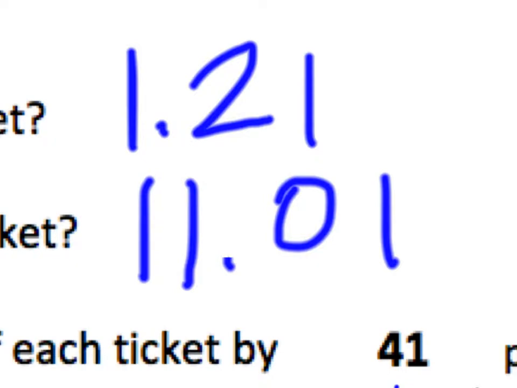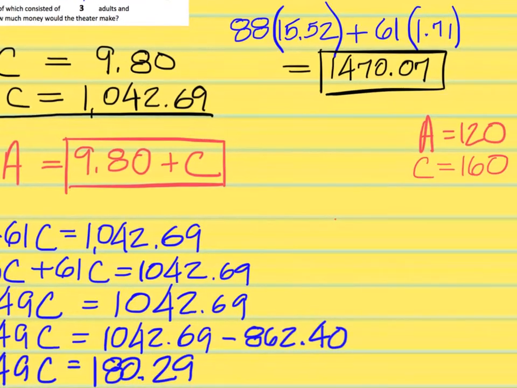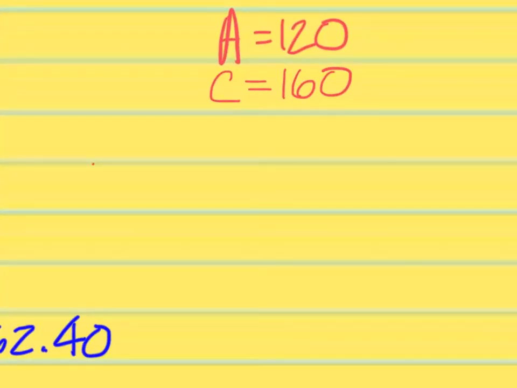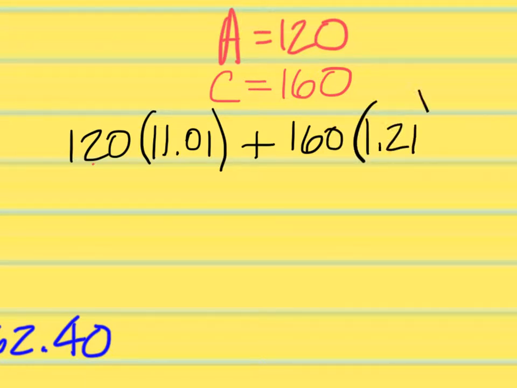$1.21 and $11.01. So we will go back over here, and we know that we have 120 adults times $11.01 plus 160 kids times $1.21. Multiply that out to come up with the amount the movie theater would make if 40 families with 3 adults and 4 kids each went to the movies.